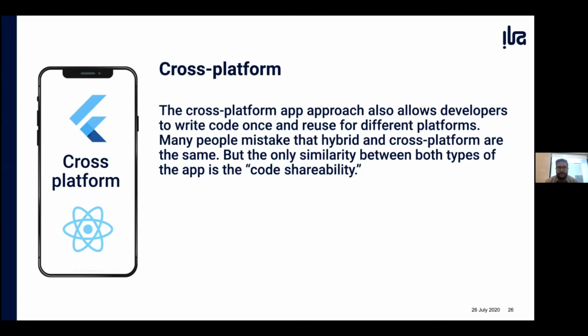These frameworks have not been developed specifically for one platform. They are developed from the beginning with the idea that they will be distributed through different platforms. Two of the popular frameworks that provide this kind of solution are Flutter and React Native.